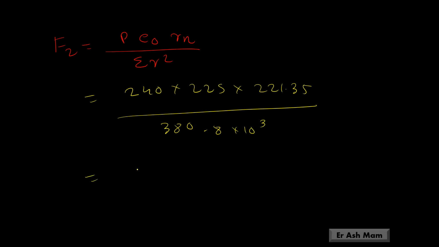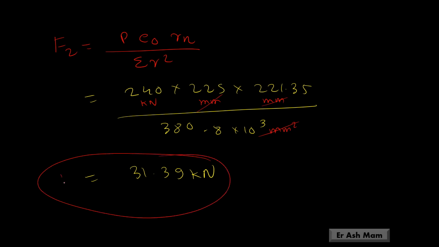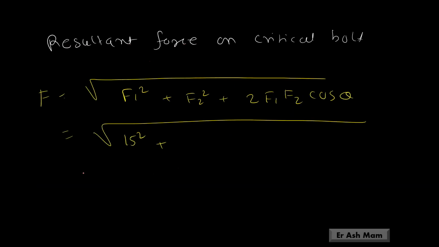So the answer is 31.39 kilonewton, because 240 kilonewton, 225 mm, and mm square, so mm square and mm get cancelled. The answer will be in kilonewton. F2 is 31.39.